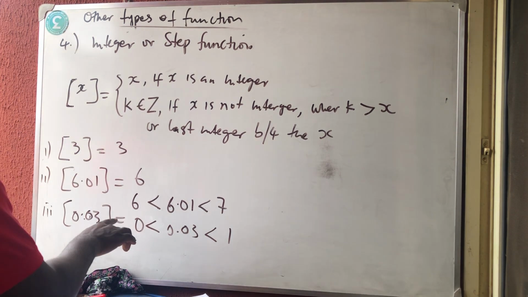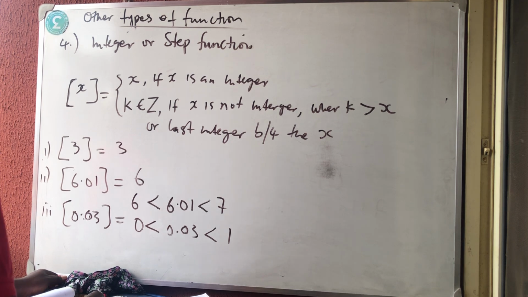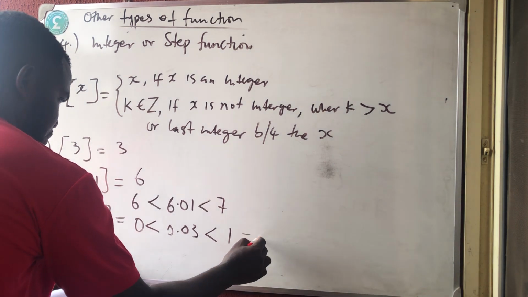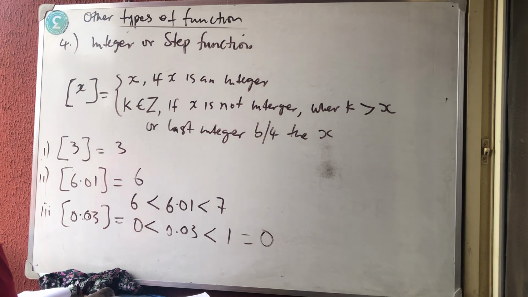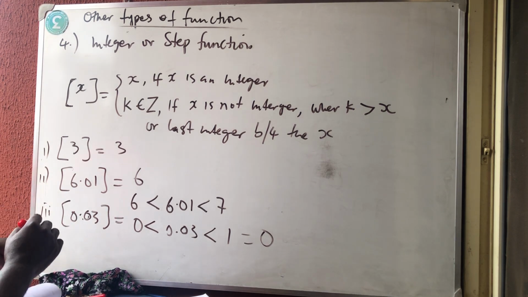So which one are we taking? We are taking 0 as our answer. So you are taking the lesser whole number.